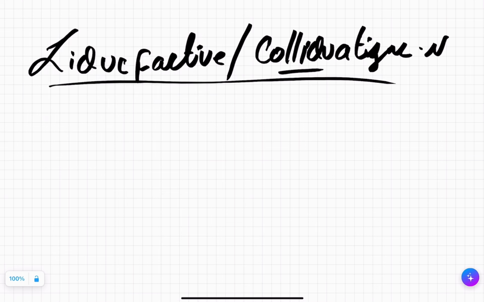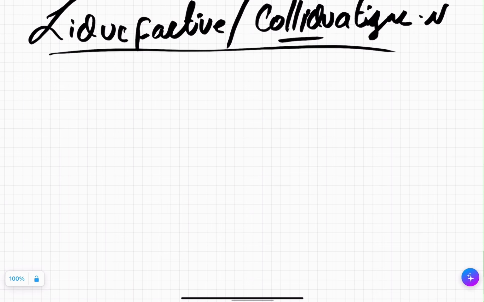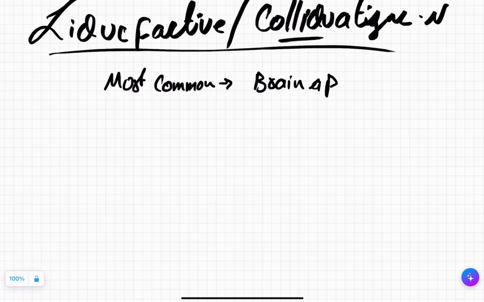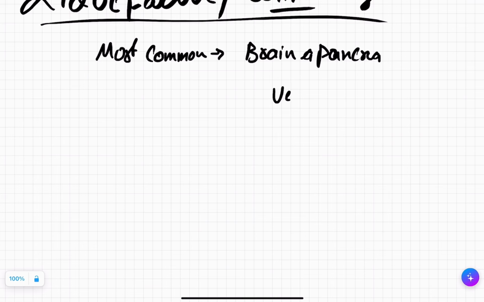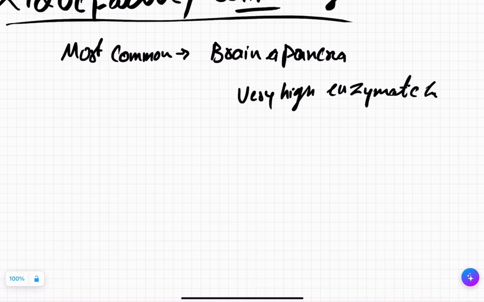See, in liquefactive necrosis, the most common organs are brain and pancreas. And why is it? Because they have very high enzymatic levels. For example, in acute pancreatitis, what happens is the pancreas starts releasing all the digestive enzymes inside itself.